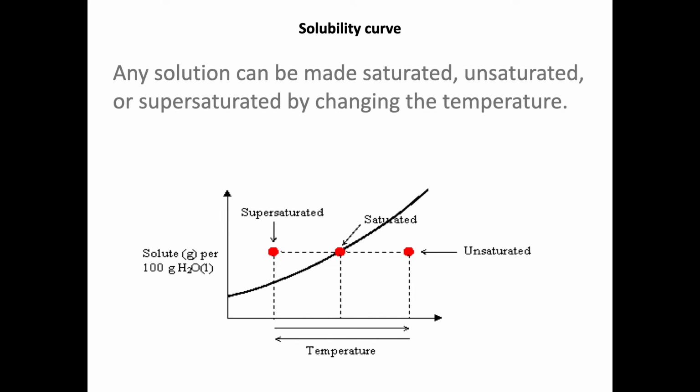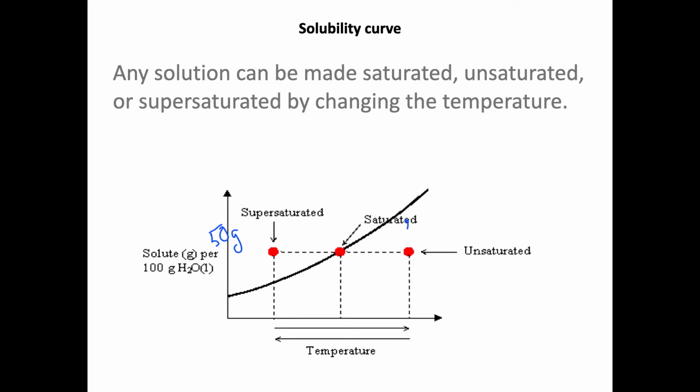And the cool thing is, I can make the same solution all three of those by simply changing the temperature. So let's say I don't know how many grams this is, let's just pick something. Looks like 50. We'll just call it 50 because why not?